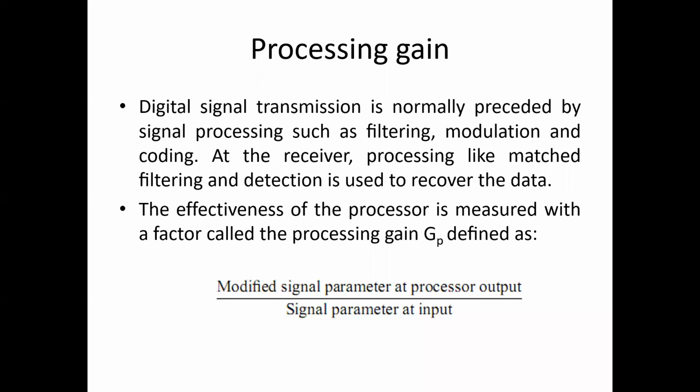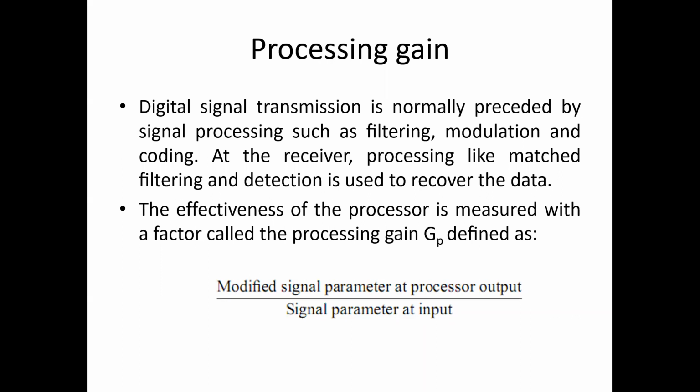Good. Now, processing gain. The most important parameter in the spread spectrum system is the processing gain. Digital signal transmission is normally preceded by signal processing, such as filtering, modulation, and coding. At the receiver, processing like matched filtering and detection is used to recover the data.